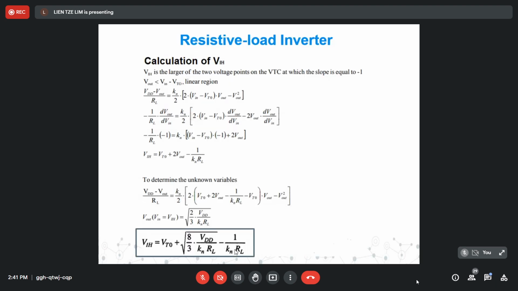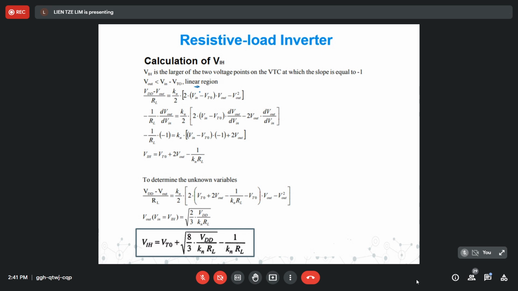Now I go to calculations of VIH. VIH is input high. This is input high, so the voltage level may be equal to VOH or less than VOH. And then the NMOS operates in linear region.